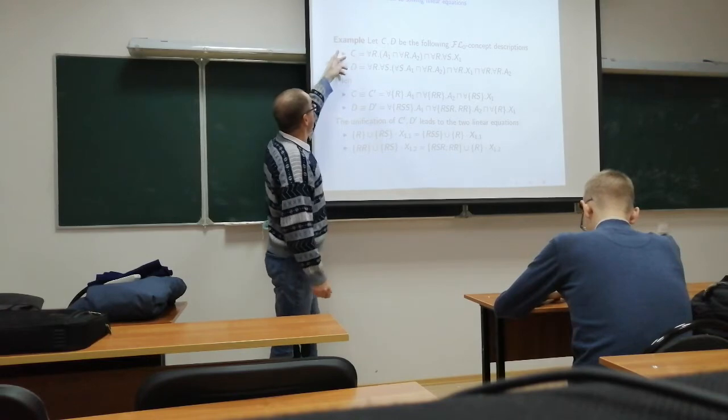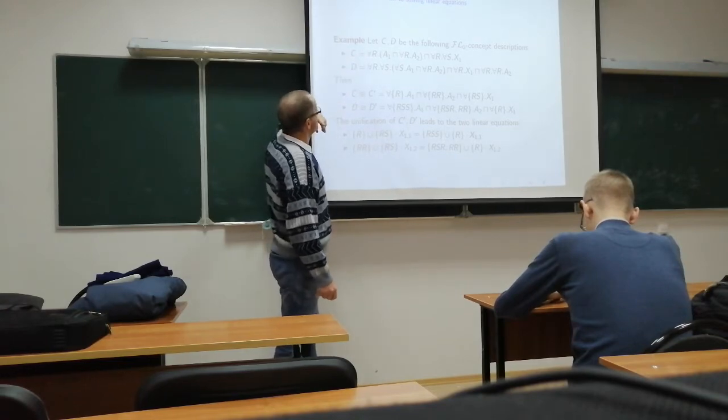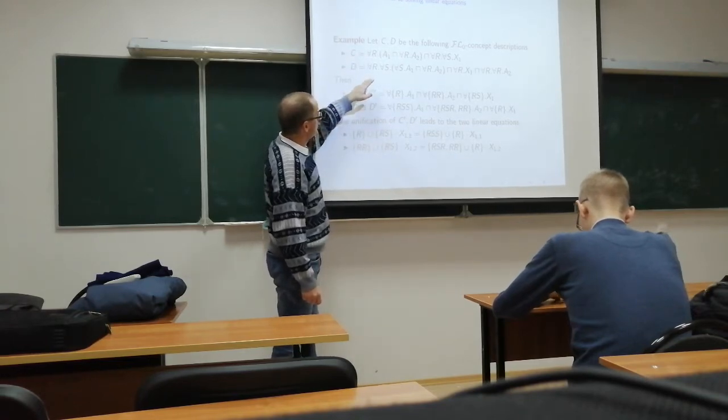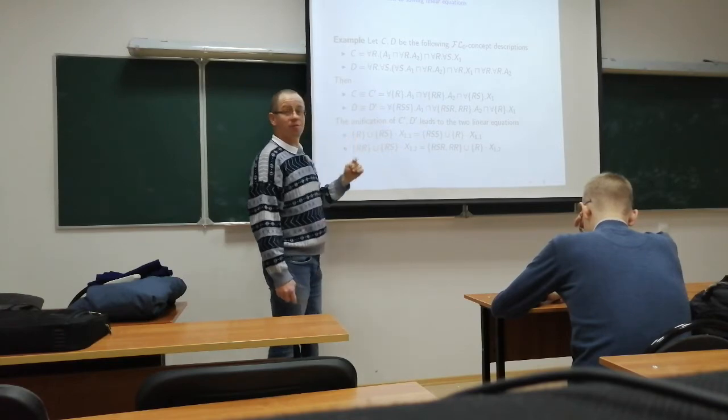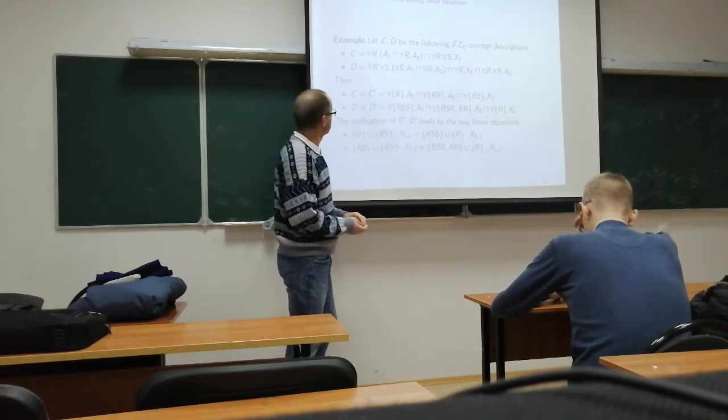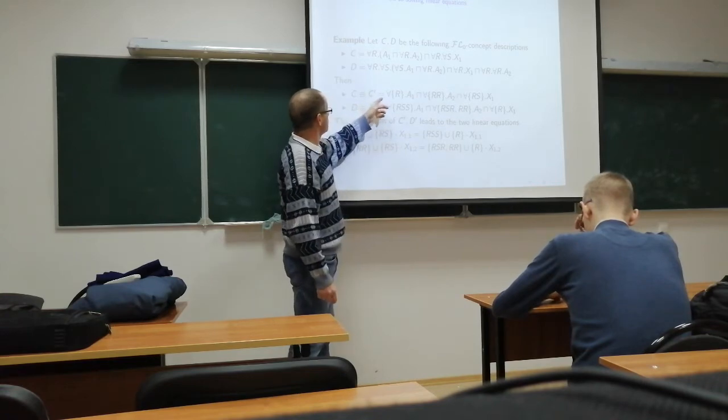Suppose we are given these two concepts. So there are two parameters, A1, A2, two role names, R and S, and one variable. There is only one variable, x1. The conjunctive normal forms of C and D are like this.